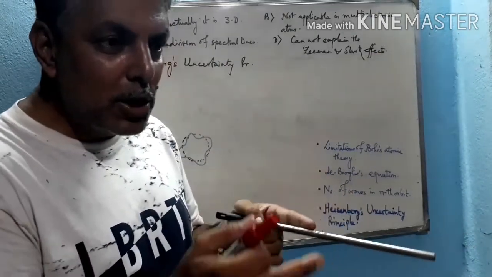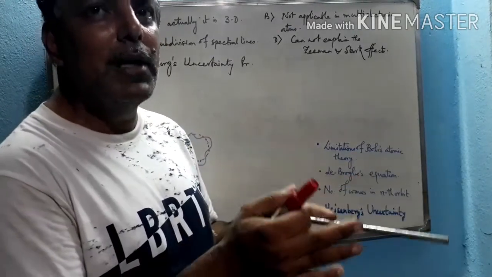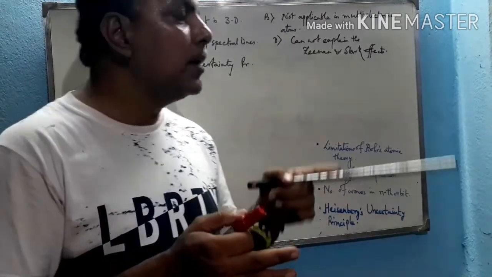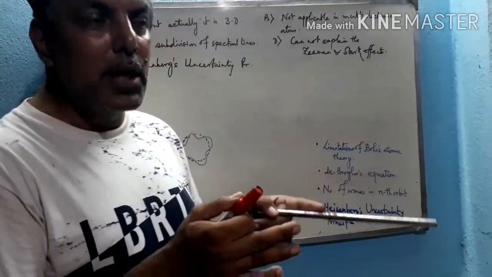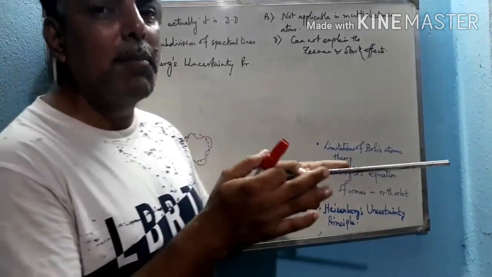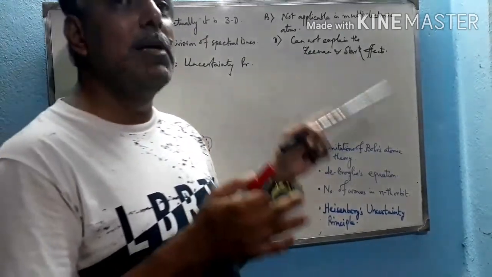Why is this finer subdivision obtained? Because of the three-dimensional orientation of the orbitals in space. But Bohr's theory is a two-dimensional theory, so it cannot explain the Zeeman effect. That means the further subdivision of the spectral lines due to an external magnetic field cannot be explained by Bohr's theory.